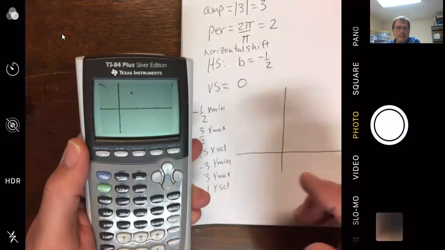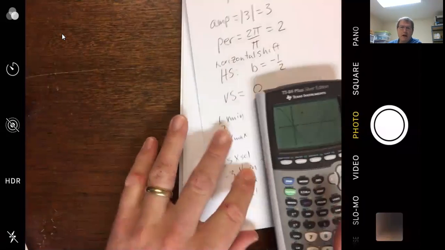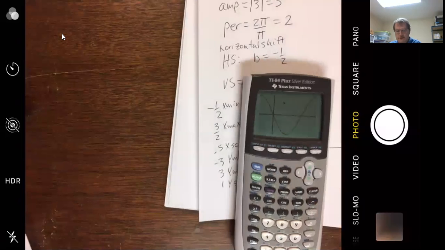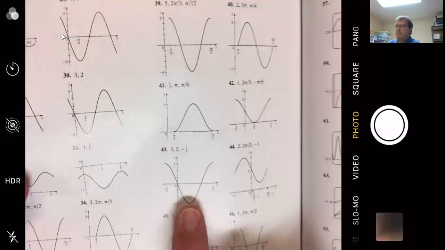Graph. All right, I'll leave that on the screen. And hopefully you can tell that, yeah, it looks identical.